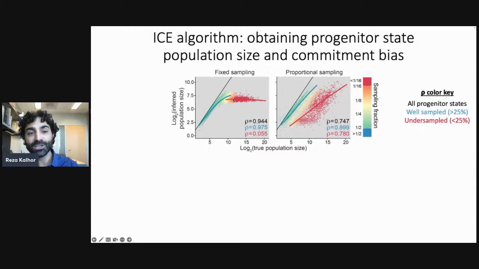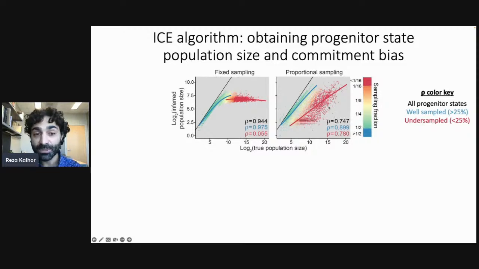A great correlation emerges, but even more so than commitment times, there is a separation between progenitor states that are not well sampled among sequenced cells and the progenitor states that are. The correlation is very high for progenitor states that are well sampled, not as much for those that are not.